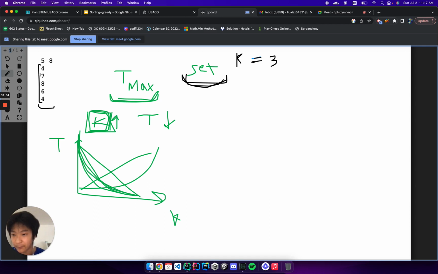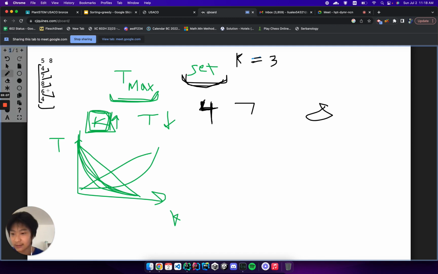First we see 4. The set is empty, so our stage is empty, and we can add 4. Then 7, we still have space on stage. The first interesting thing happens when we encounter this 6. This 6 will be added into our set once the minimum one ends, once the cow whose duration is 4 ends.